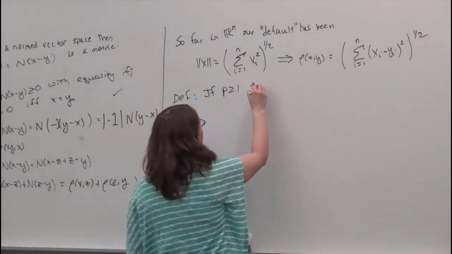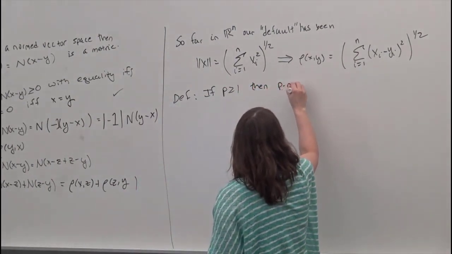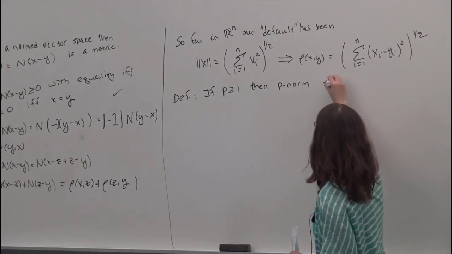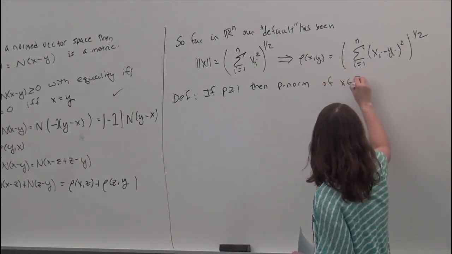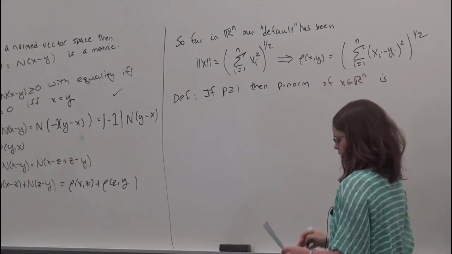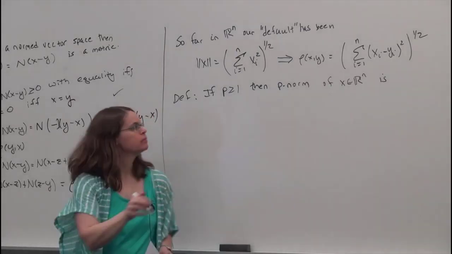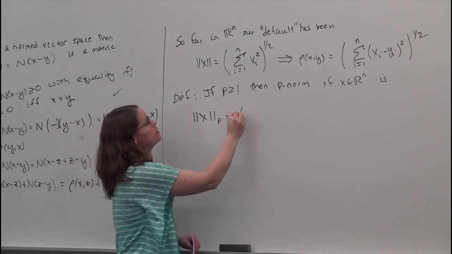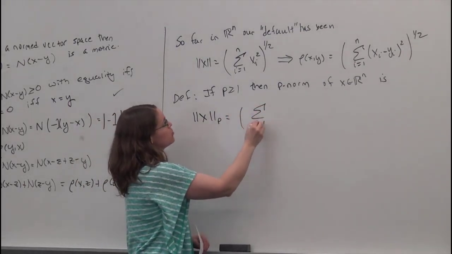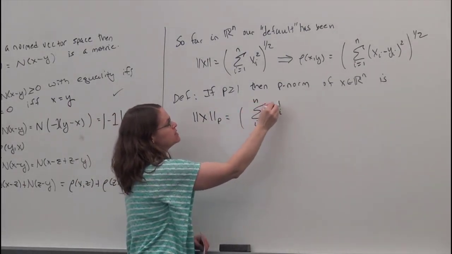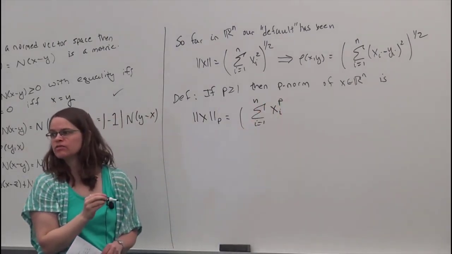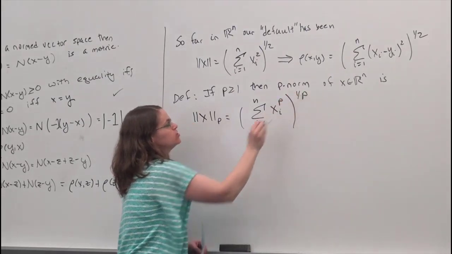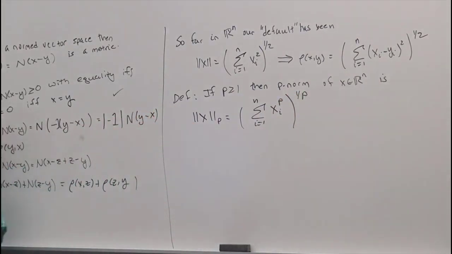Okay, so we're going to say that for p greater than 1, the p-norm of some vector in R^n is, so it looks almost the same as what we had, but now we're going to take pth powers instead of second powers, and then we have to raise it all to the 1 over p power.